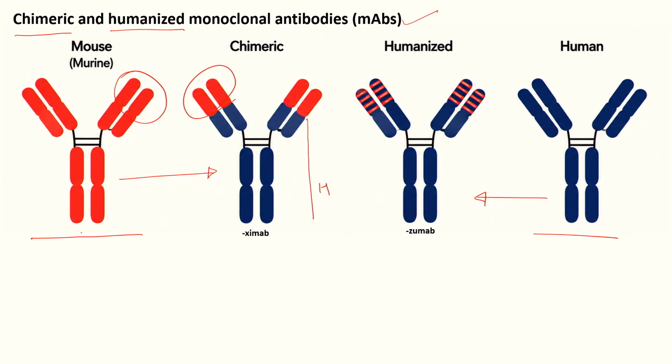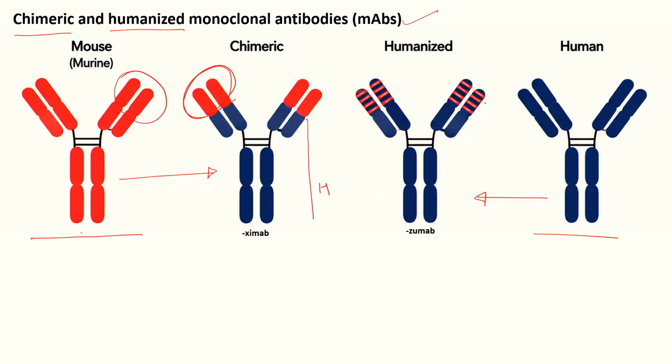So this is a mixture of two antibodies, one human and the other mouse. Now this mouse-specific area in the heavy and light chain that binds to the antigen gives specificity, and therefore people are using it for therapeutic intervention or some other use in human medicine.